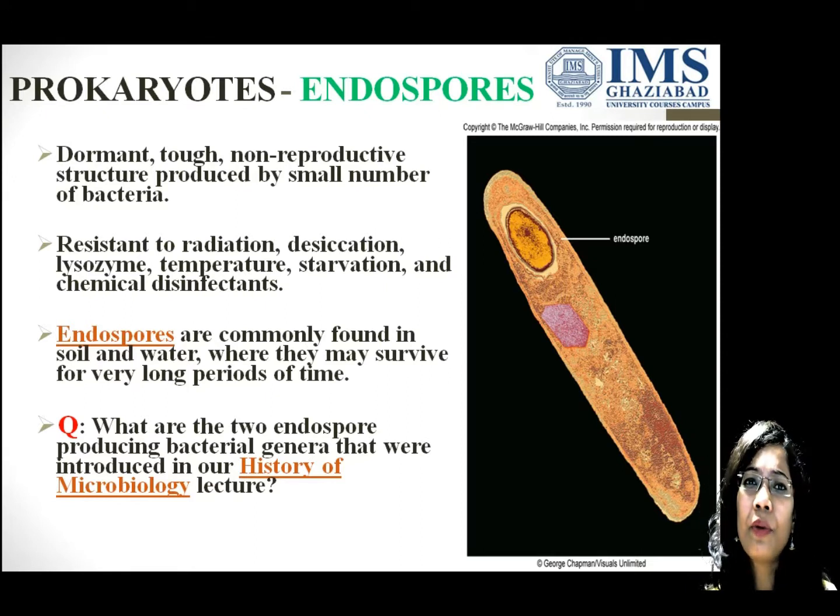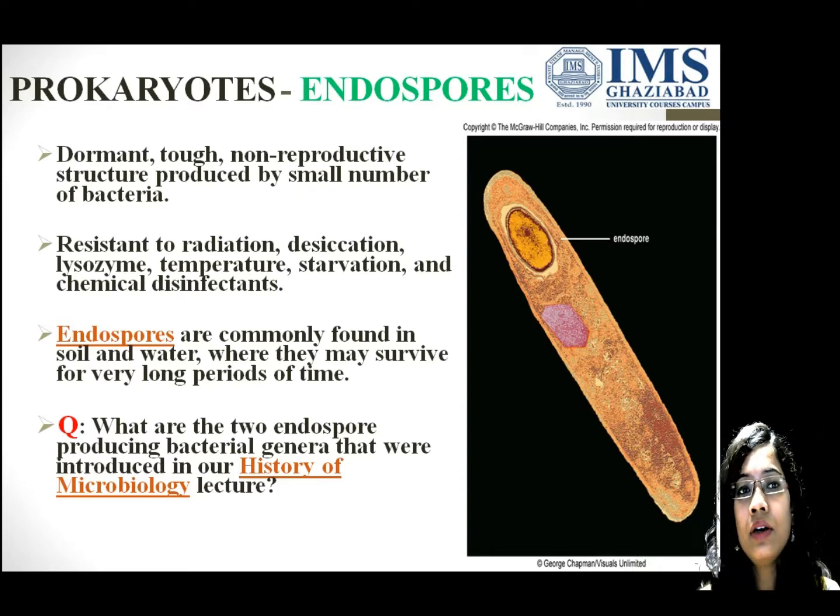We study reproduction of bacteria under three headings: vegetative reproduction, where budding, fission, and fragmentation come. Second, asexual reproduction, where we study endospore formation, and sexual reproduction, where we study transformation, conjugation, and transduction.